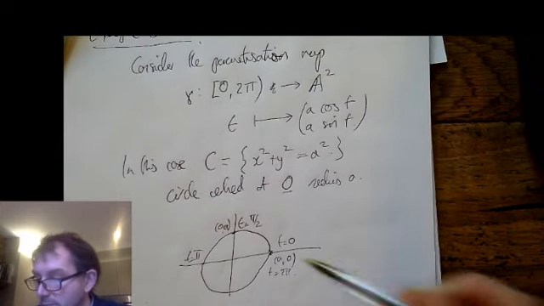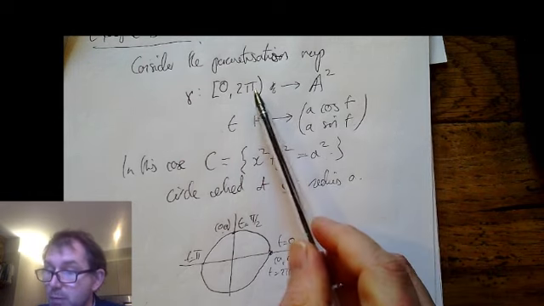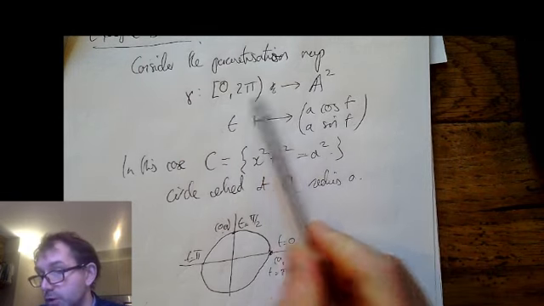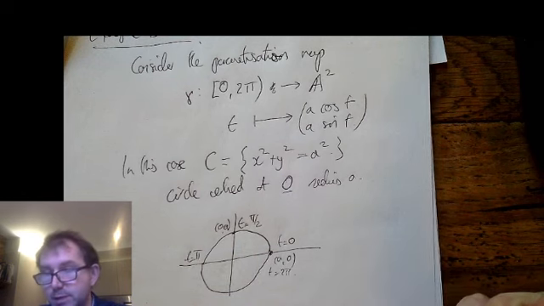Now we can go around this as many times as we like, we're still going to get the same curve, but the point is we've got it at least once, and in fact, because of the choice of not including the endpoint here, we get it exactly once.